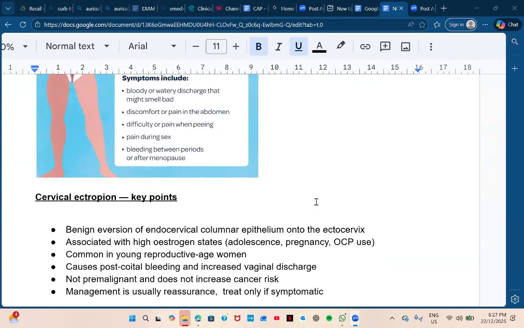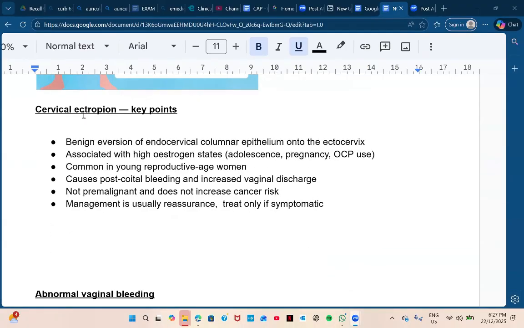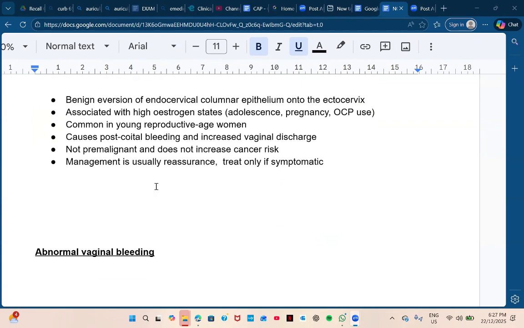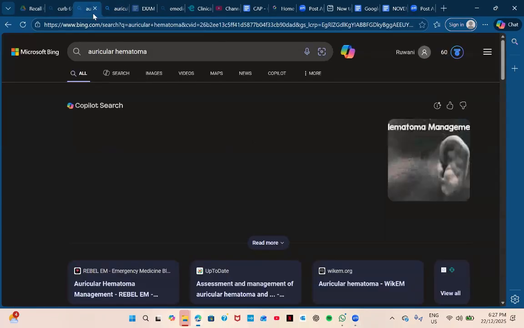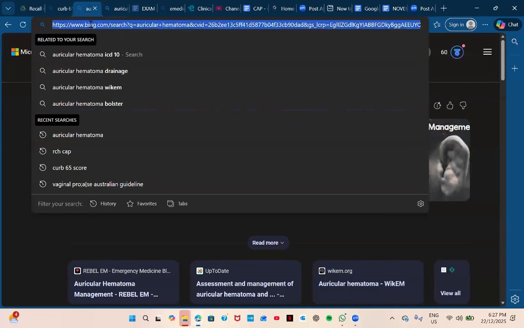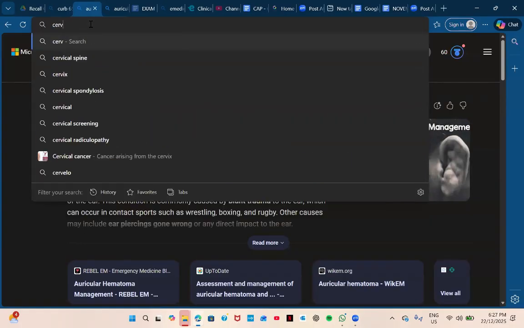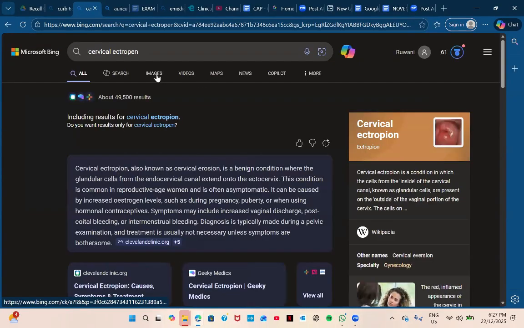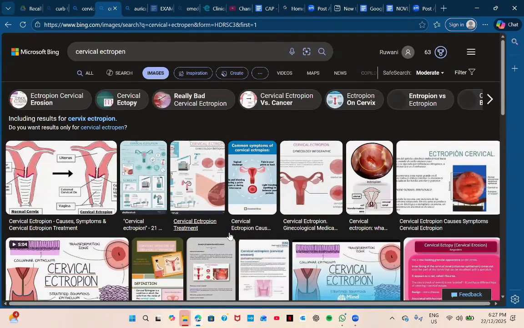So what is cervical ectropy and how does it present? You have to remember this. These are the key points for cervical ectropy. Cervical ectropy means benign eversion of the endocervical columnar epithelium. I'll show the picture. Okay, this is what happens in cervical ectropy.